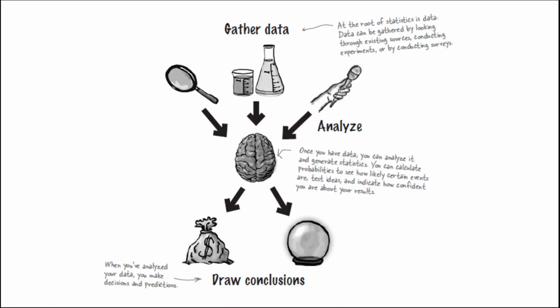Okay. So normally what happens in data science is that initially we gather the data, we analyze the data, and we draw the conclusions. So: gathering the data, analyzing the data, and drawing the conclusion.